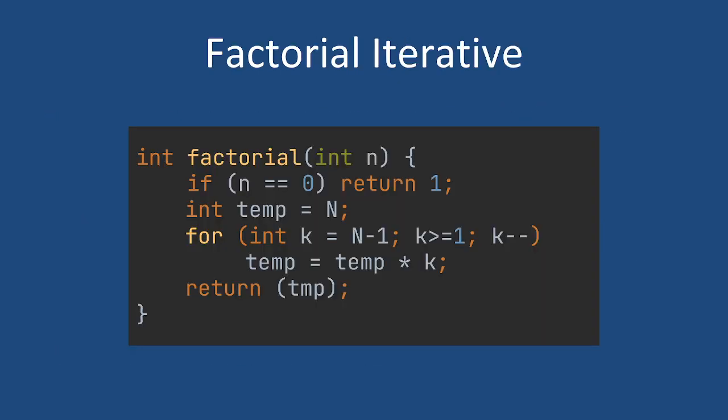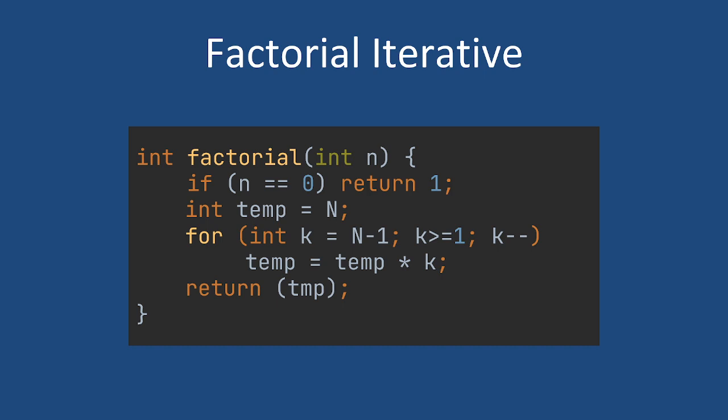So this is a factorial iterative problem, that is, solving for a factorial in an iterative manner. You can see the code: there's a function factorial. It takes an integer n.